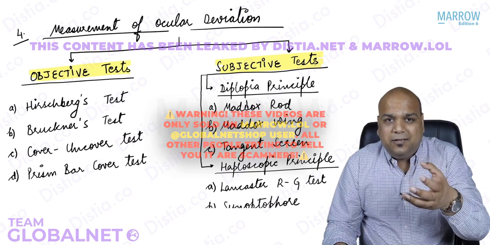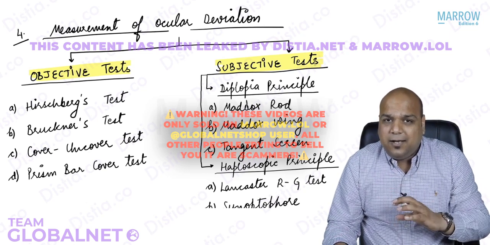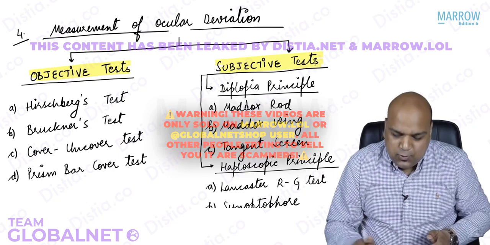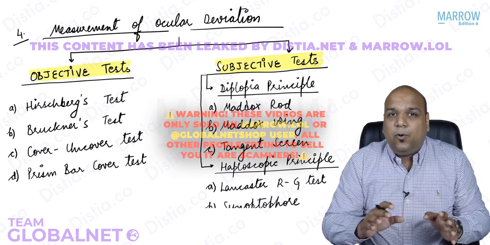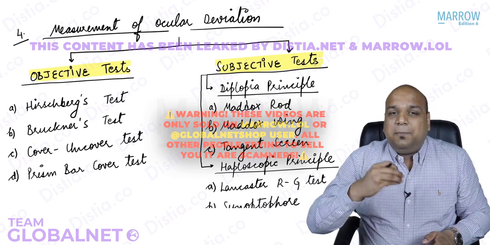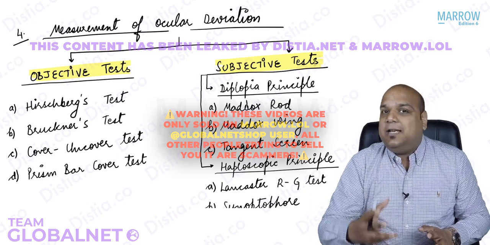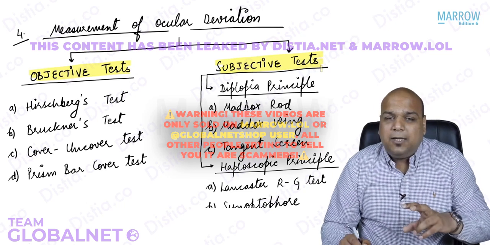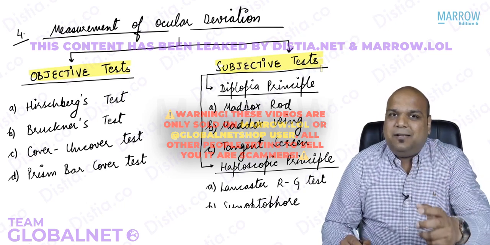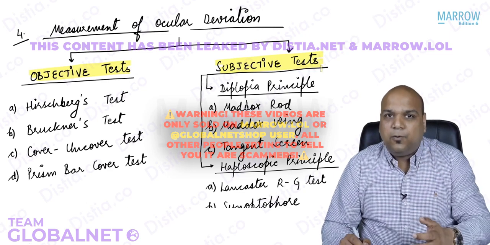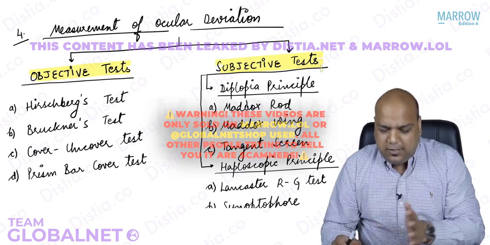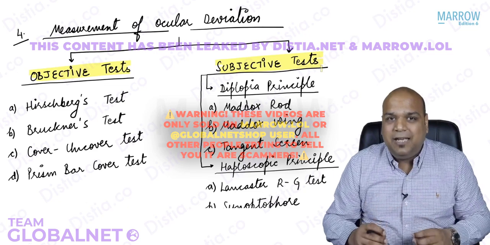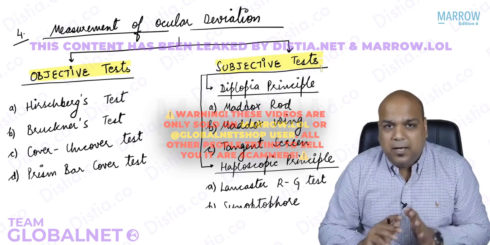So between a patient and a doctor, the doctor is the object and the patient is the subject, everybody. So in objective test, patient does not have any role in terms of the participation in the test, in terms of answering in a test, everybody. But subjective test means which solely rely on the answers of the patient, everybody. So we are asking the patient a lot of information while doing the test. Those are subjective tests. Objective tests which do not involve any input from the patient per se. Are we clear about this?